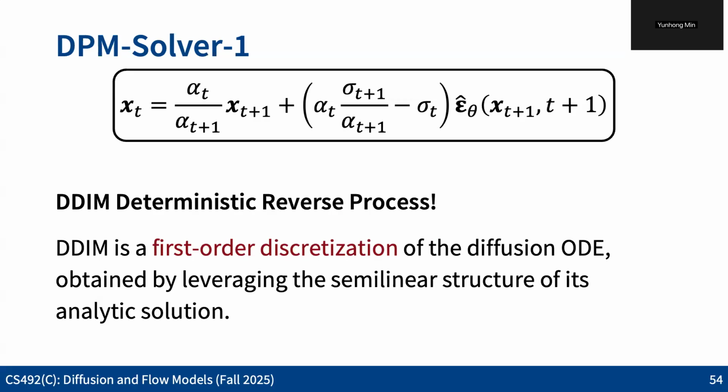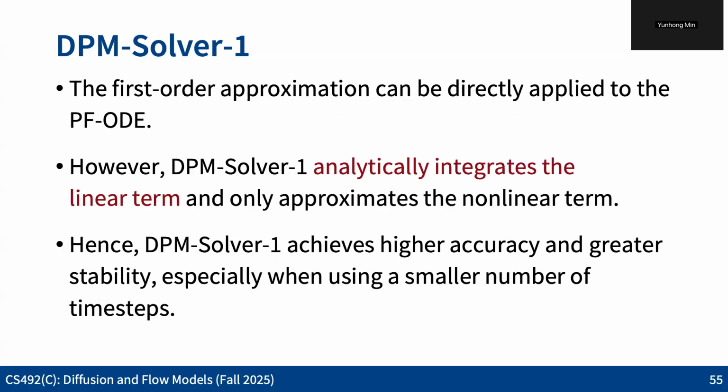The reason we could achieve good results with DDIM sampling is that we analytically integrate the linear part and only approximate the nonlinear part. That's why we can typically achieve quite high accuracy with a fewer number of steps with DDIM sampling, because the approximation becomes much more accurate compared to the general case where we use ODE solvers for the entire ODE formulation.